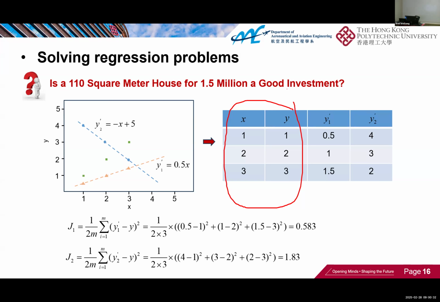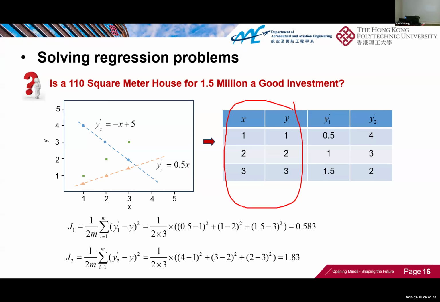So finally, based on the first function, the summation of the distance is like 0.5. The second function is G2, the blue straight line. The number of points is 3, and Y2 is 4.